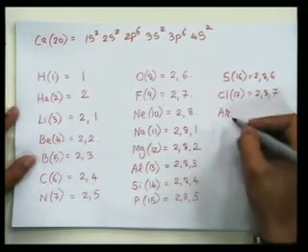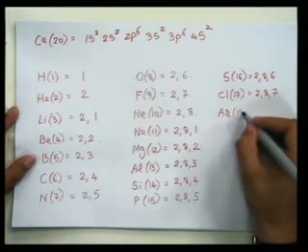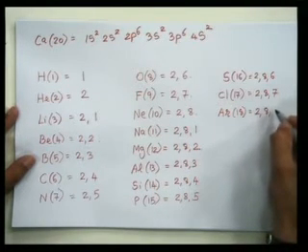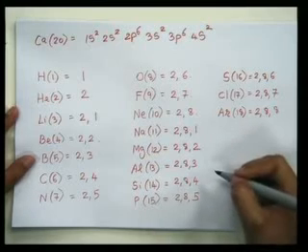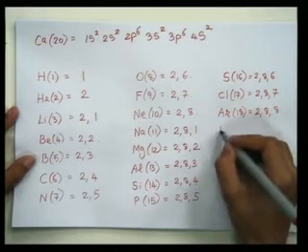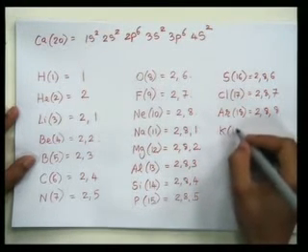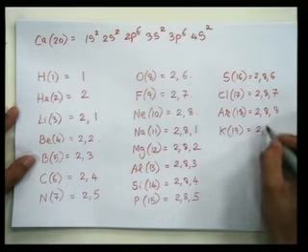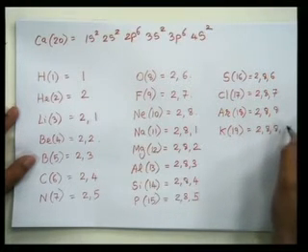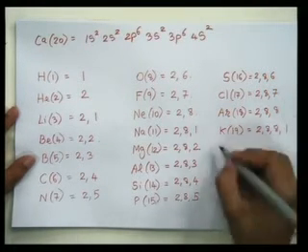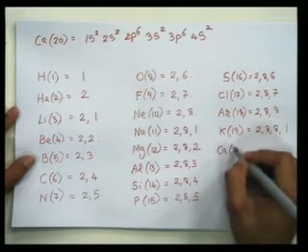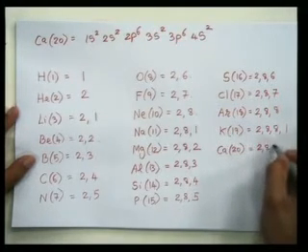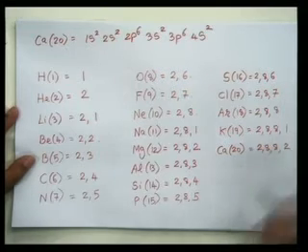Argon having atomic number 18 can be written as 2, 8, 8. Moving to potassium, 19, you can write here 2, 8, 8, 1. Calcium having atomic number 20, you can write it as 2, 8, 8, 2.